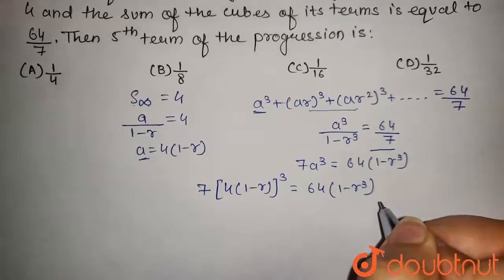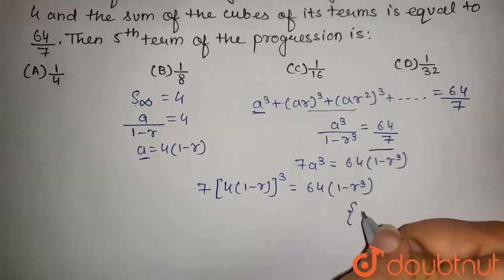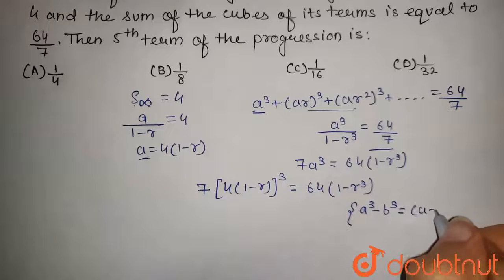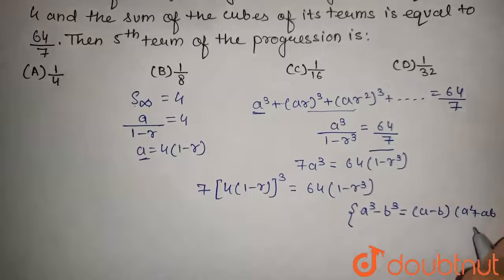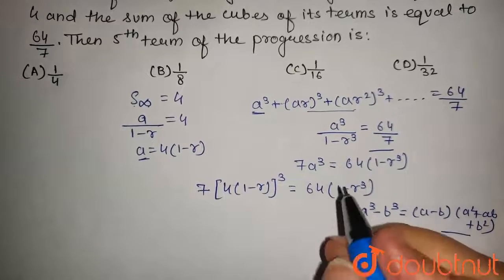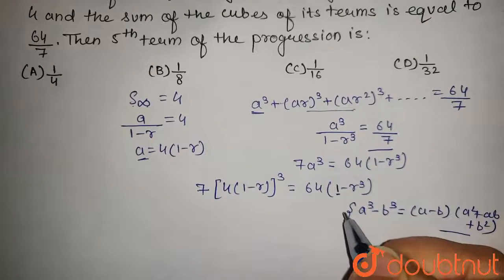Now we know a formula that a cube minus b cube is equal to (a minus b)(a square plus ab plus b square). So applying this formula here, we can write 1 as 1 cube.